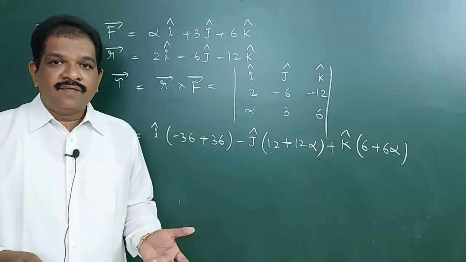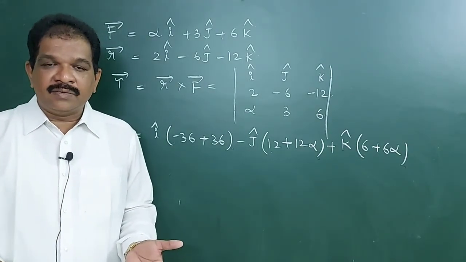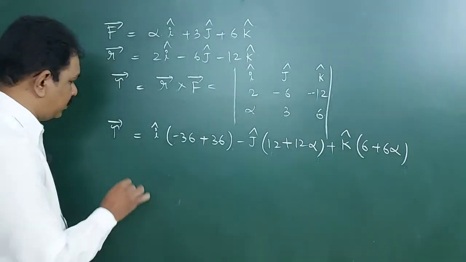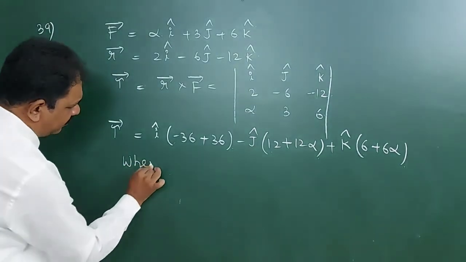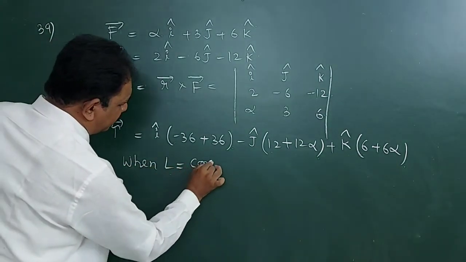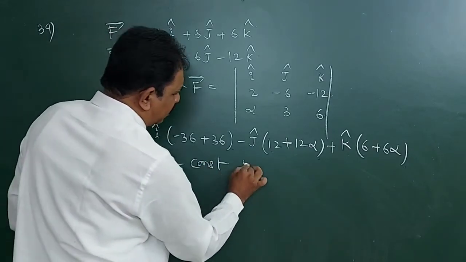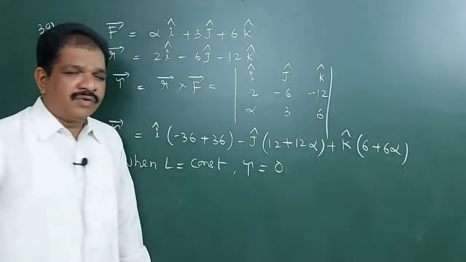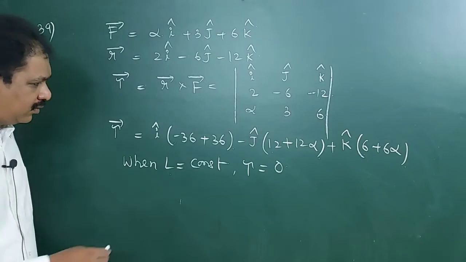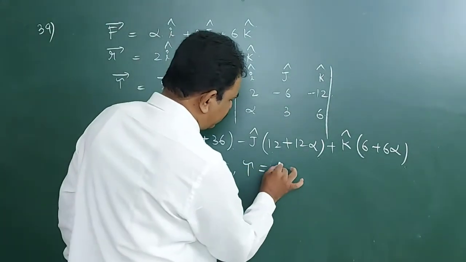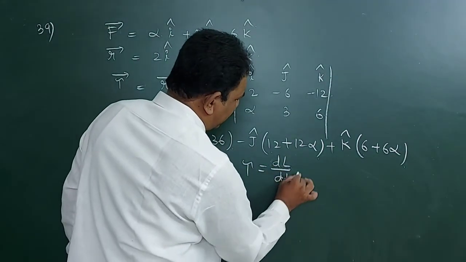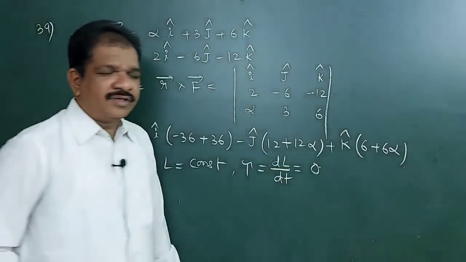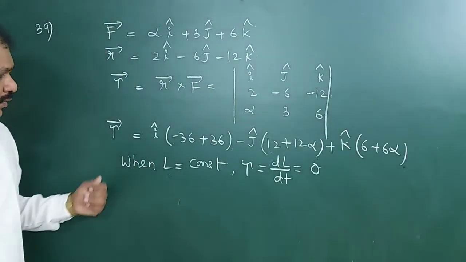Clear? When L is constant, it means tau is equal to 0. When L is equal to constant, tau value will be equal to 0 because tau is equal to dL by dt. L is constant, and a constant's differentiation will always be equal to 0.